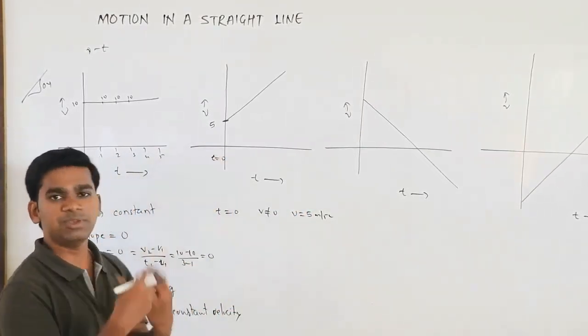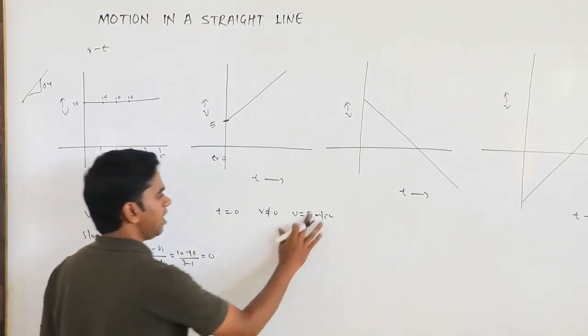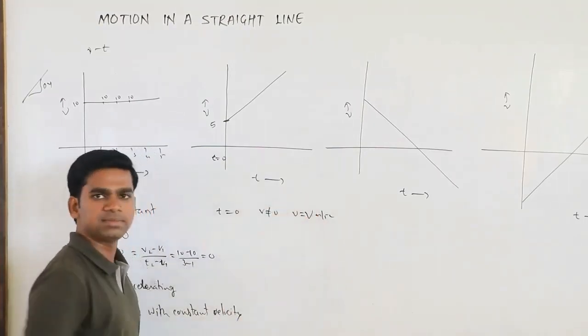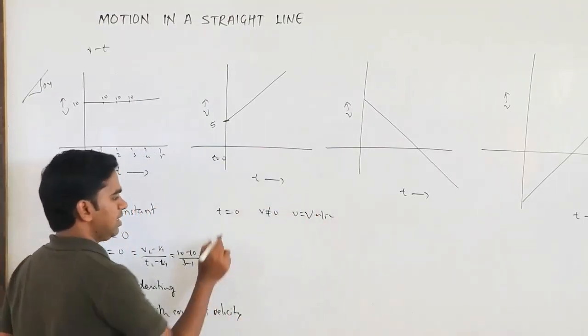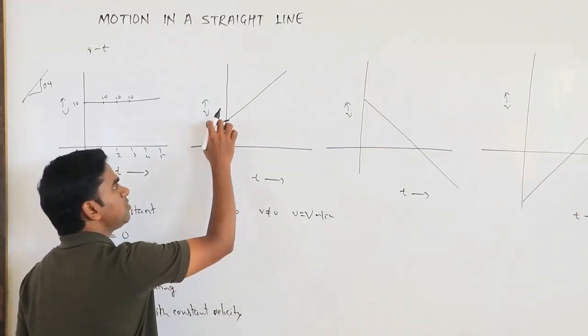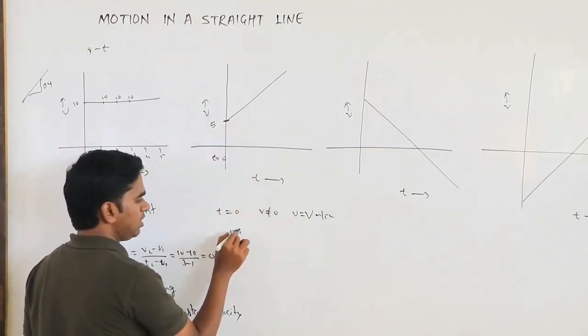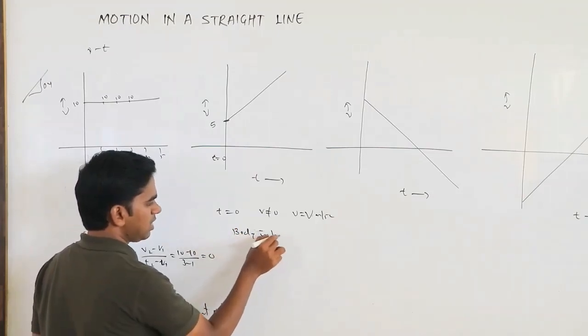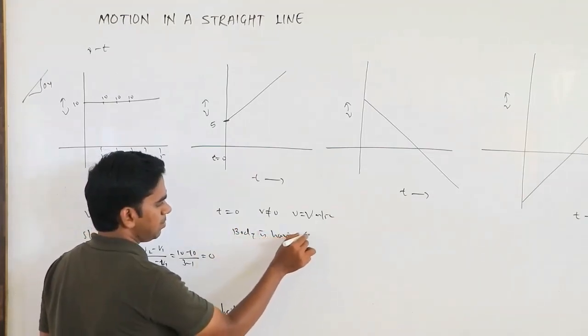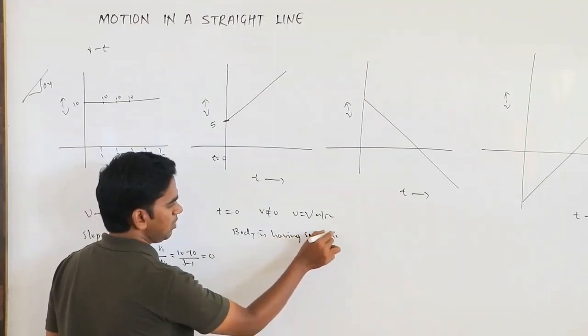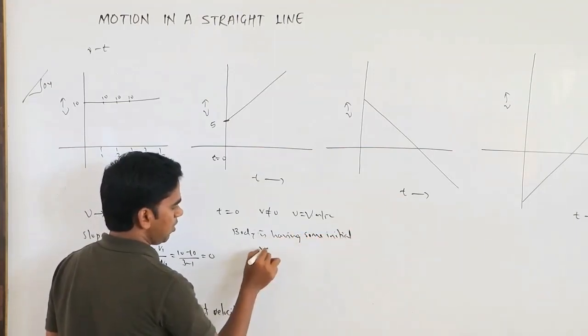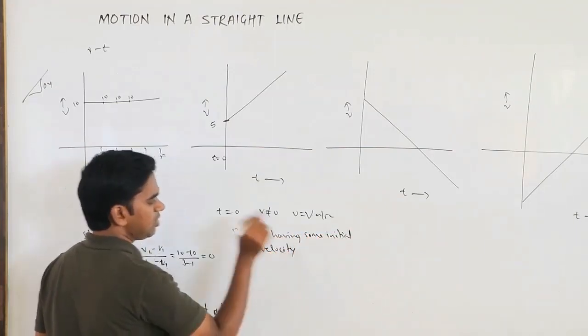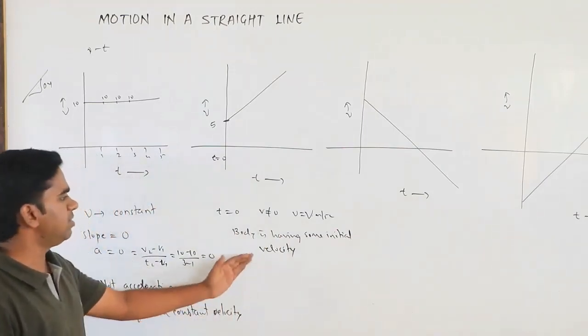You can take some constant value, v. So t equals 0 means initial velocity. The first thing we should know is that the body has some initial velocity, which is not equal to 0.